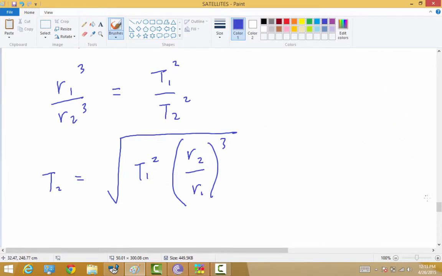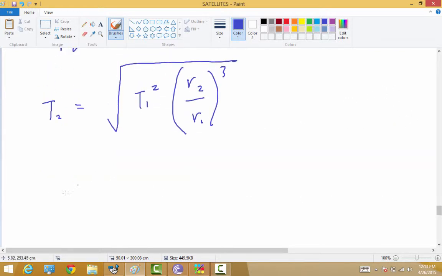Because there's a square root sign, we can simplify this: T2 equals T1 times the square root of R2 over R1 cubed.